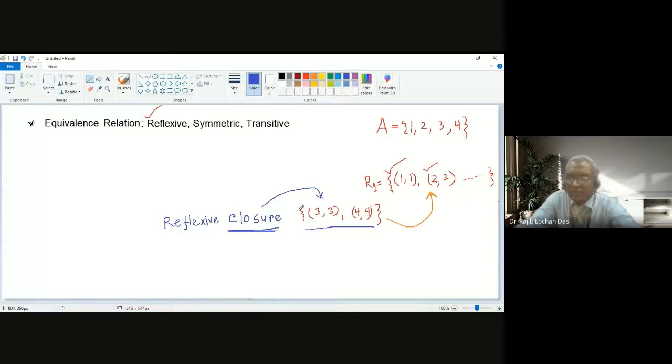Closure is the set of all necessary pairs or the elements so that a certain property will be completed.